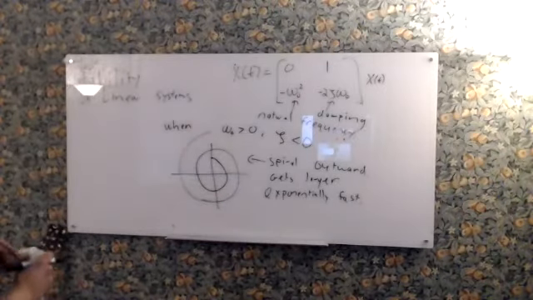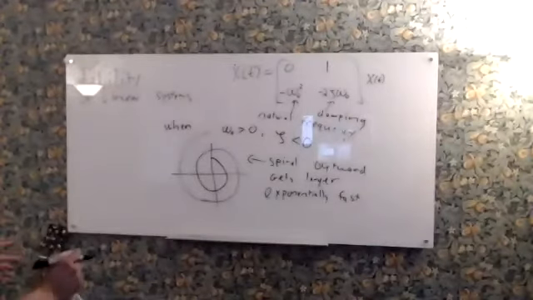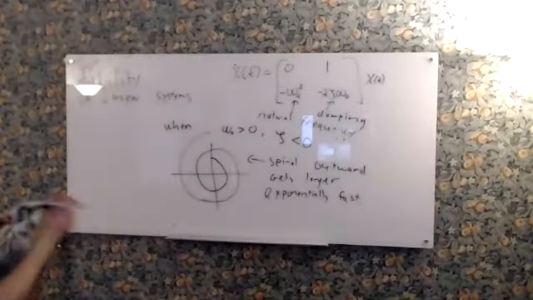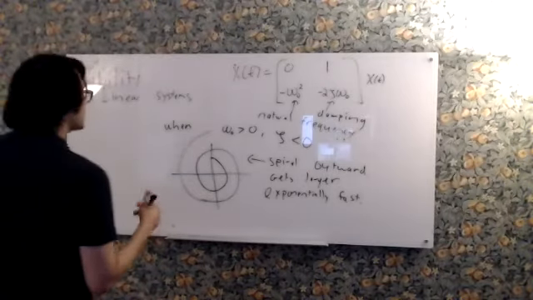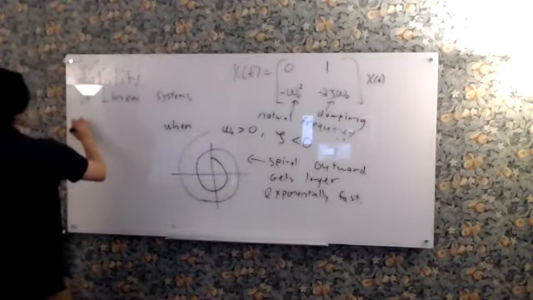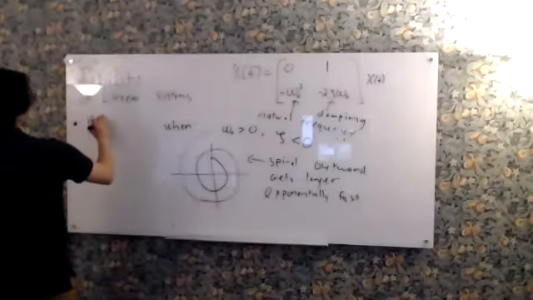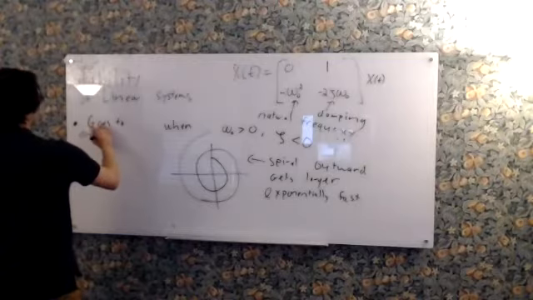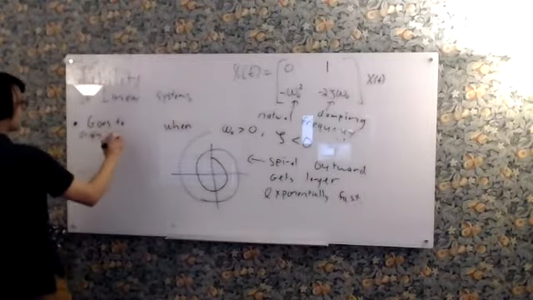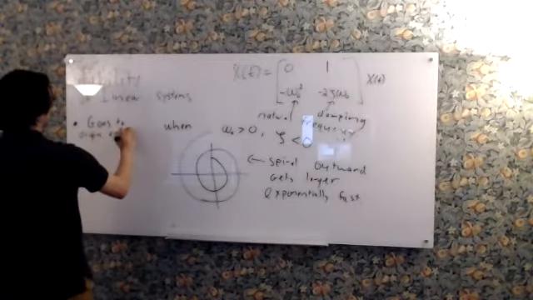Now, these are the sort of behaviors. Let me just write a checklist of behaviors that we're seeing. One: it goes to the origin, and it's going to go to the origin exponentially quickly.